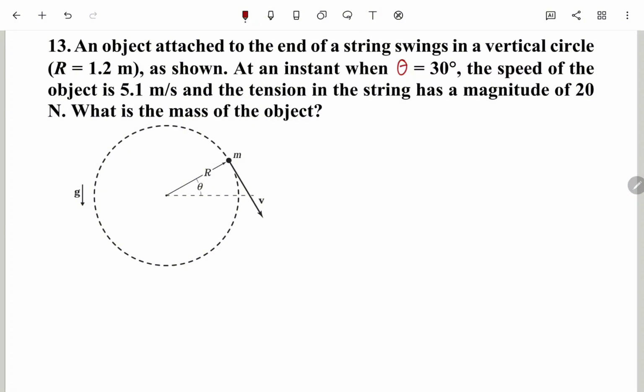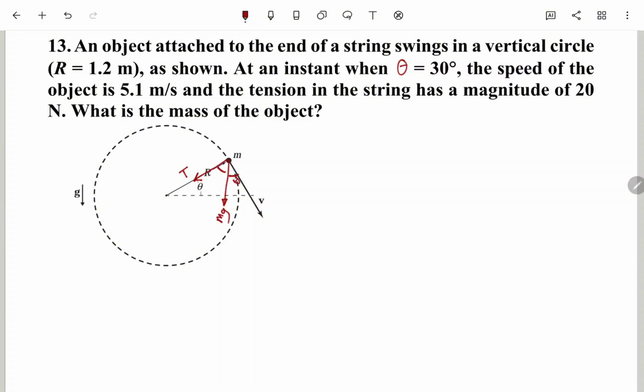Now let's have a free body diagram. This is the tension right here, and the weight of the object is this one here. Now if this is theta, this will be 90 minus theta, and this will be theta.